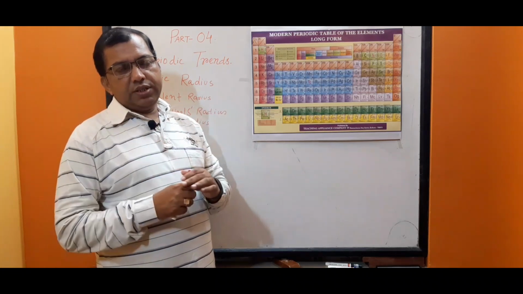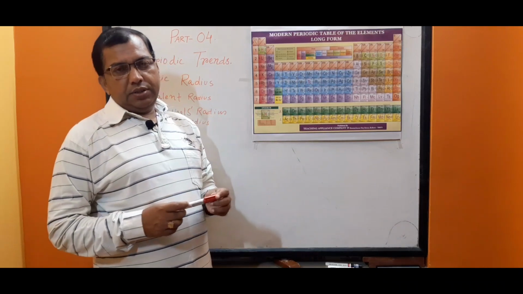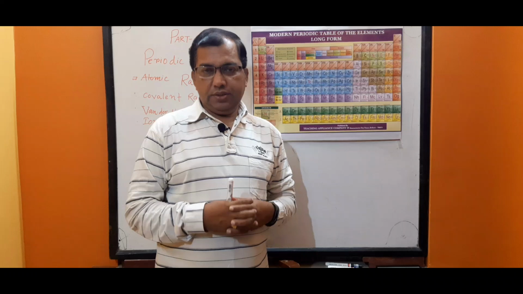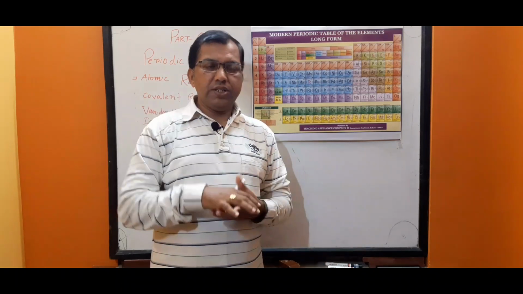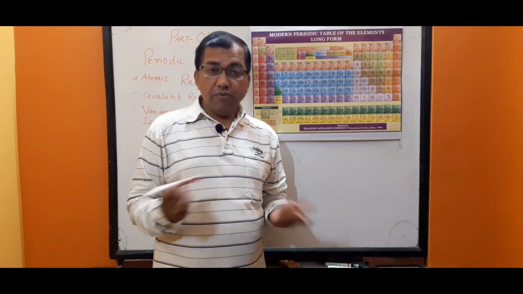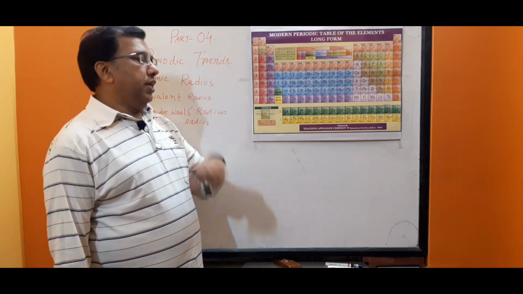From the electronic configuration, the properties of the elements will be known to us. So electronic configuration is very important, and from it we come to know the different properties of the elements, that is, physical properties, chemical properties, all things.